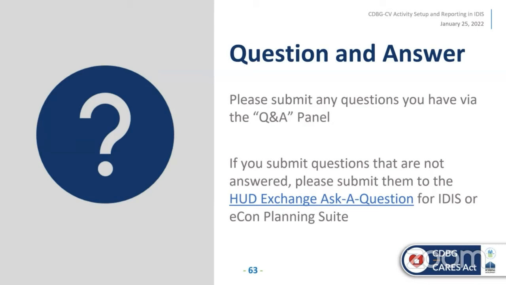Puping, I don't know if you want to say anything else on that, or does that sound good to you? It sounds good to me. Yes, we do want you to enter CV program income separately, as Susan explained, because they are associated to the different grants. Okay, thank you. Yes, thank you, Susan.